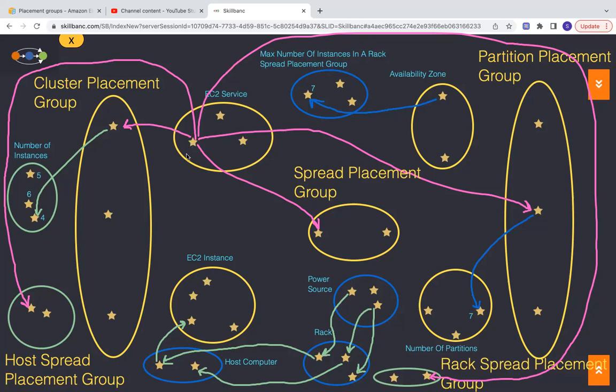Here, the maximum number of instances in a rack spread placement group. Suppose you are using rack spread placement group, then the maximum number of instances within an availability zone is 7. The reason they are limiting this to 7, if you logically think about it, they have to have a power source, and then that power source is supplying 7 racks maybe.